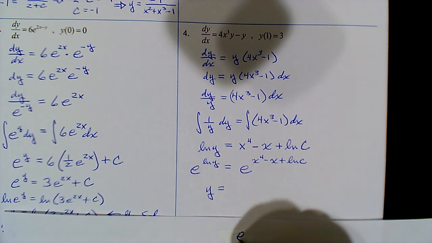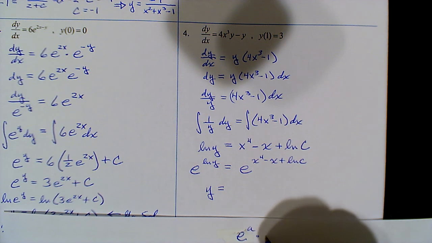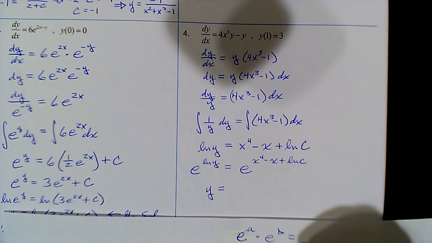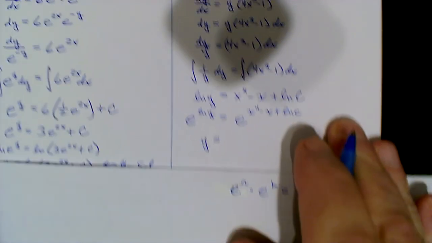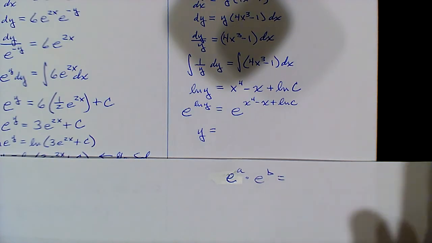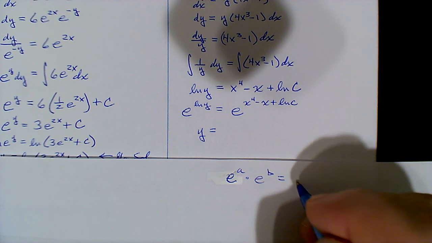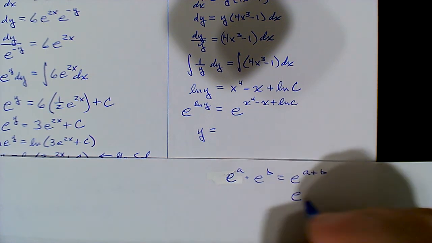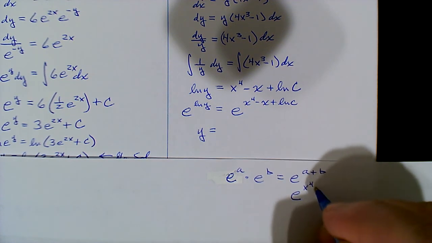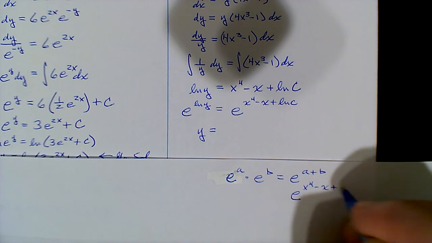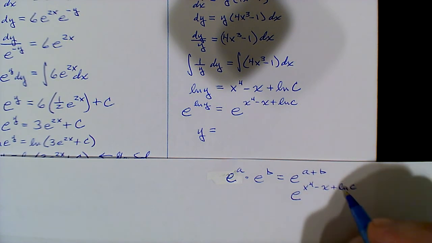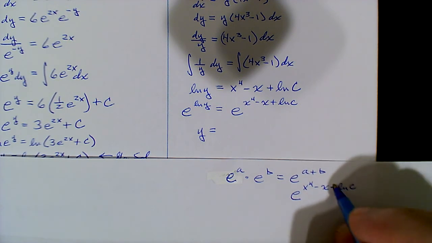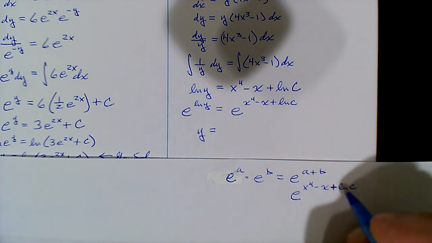And now we can solve for the constant c. So again, that's our general solution. For the particular, the initial condition was that y of 1 was 3. So then 3 is equal to c e to the 1 to the fourth minus 1.